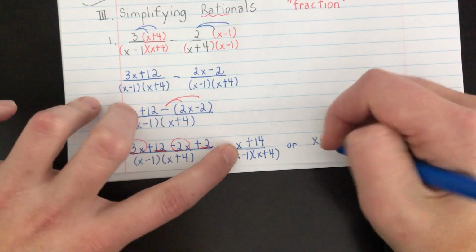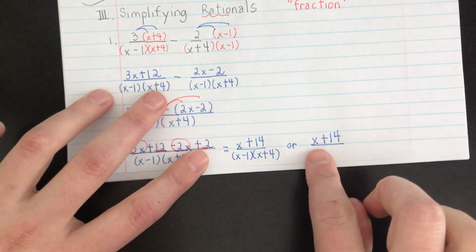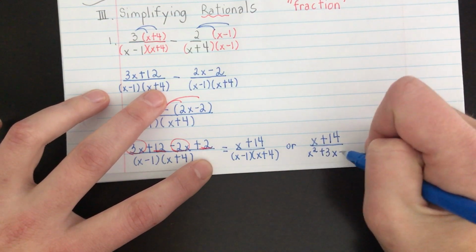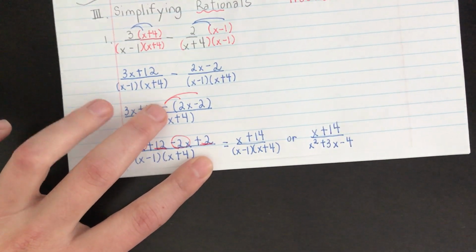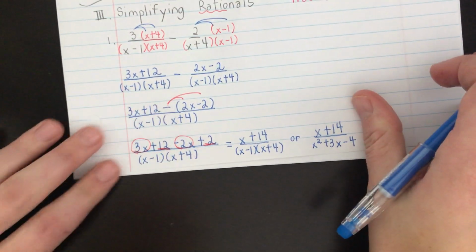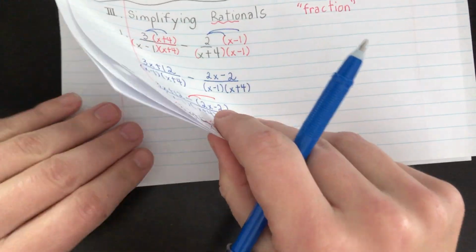You can leave your answer like this, or you can put x plus 14 over x squared plus 3x minus 4. You might see this way, you might see this way. Be prepared to give both. So that's number 1 in this section. Let's go to number 2.